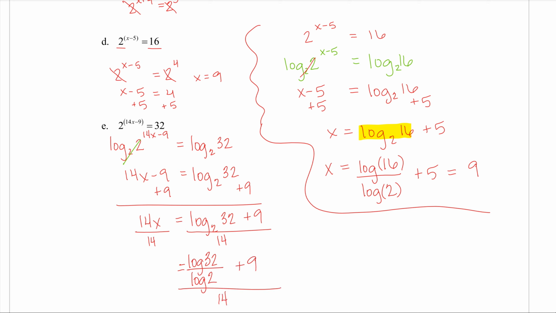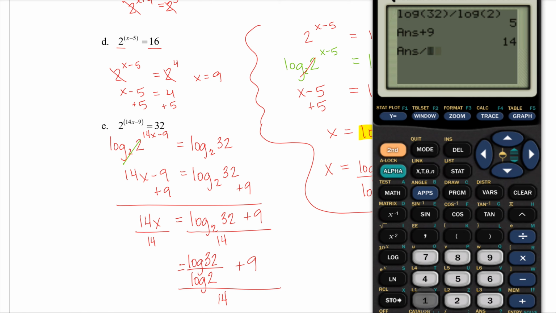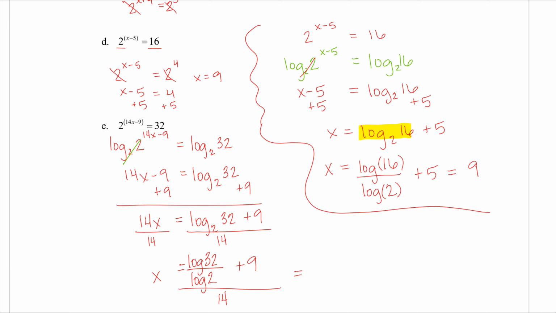So when we go to do this, we piecemeal it. We do parts, okay? We're going to do log 32 divided by log 2. Enter. And then we're going to add 9 to it. And then we're going to divide by 14. Our answer in this case is 1.